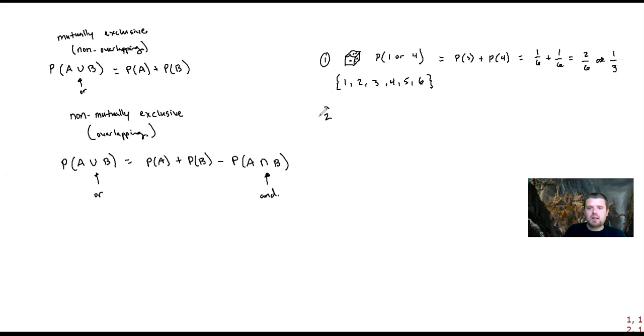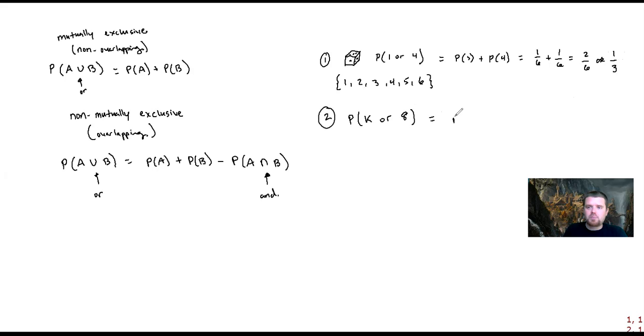If I look at something like a deck of cards, and I ask you the probability of drawing a king or an 8, though these again are also mutually exclusive events because it's impossible to draw an 8 and a king at the same time. Those are different cards.